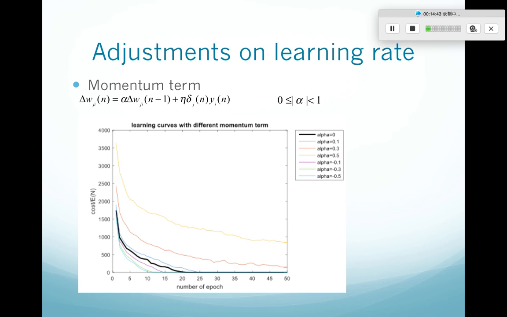This method simply increases the learning rate while keeping the curve stable. The definition is the equation above, and it's also called the generalized delta rule, where alpha is the momentum term and alpha is between 0 and 1.